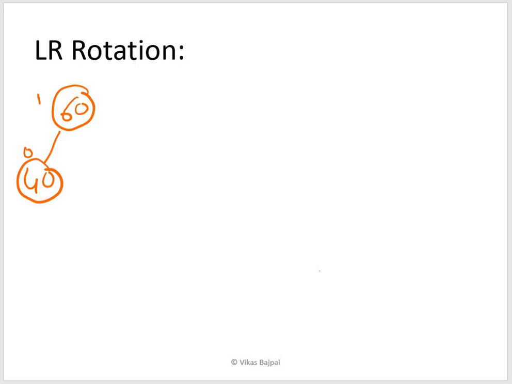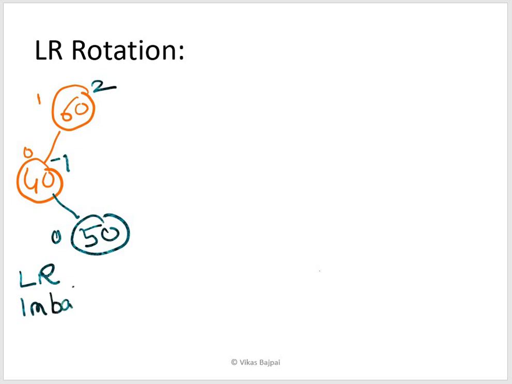So 50 comes to the right of 40. Now if you observe, this comes out to be 0, this comes out to be -1, this comes out to be 2. So we have inserted in L and it has resulted in an LR imbalance. It goes to the left, then to the right.